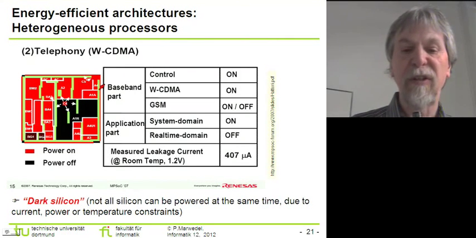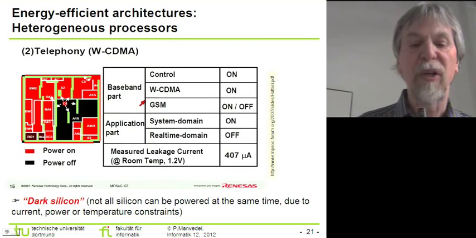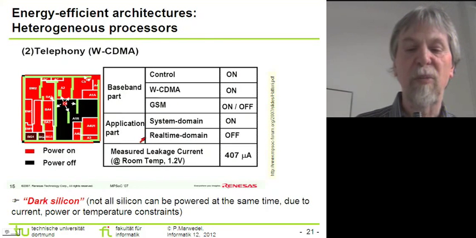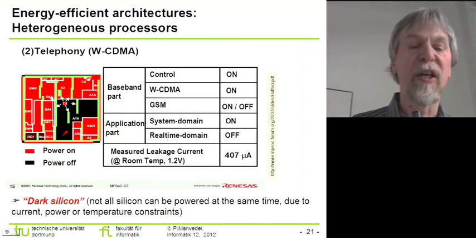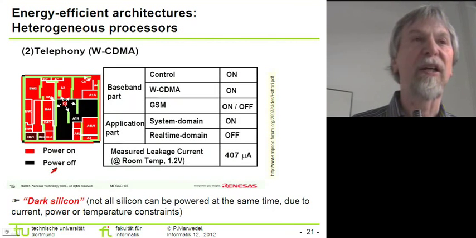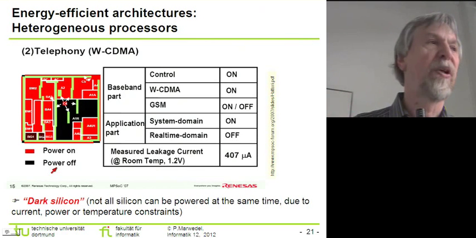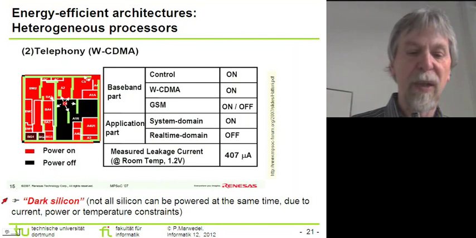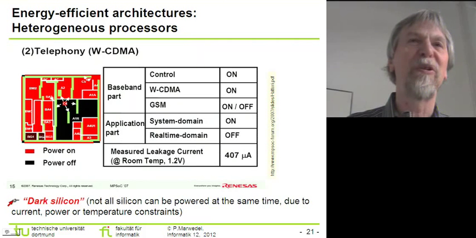You can see this in this little table where for this use case we see that some of the components are turned on, some are only conditionally turned on, and other components are actually turned off. These are indicated in this diagram by this black color. That means for that particular use case, that part of the chip is not powered, which leads to a very interesting buzzword that you find even in economic newspapers these days.